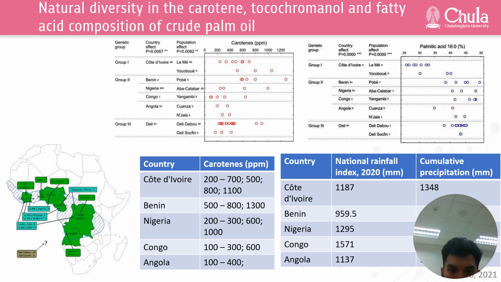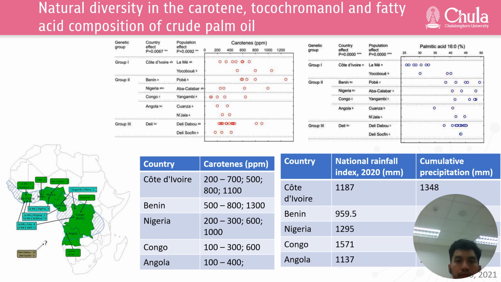The other studies are conducted using different origin samples and different breeding species, different genotypes of the fruits. It was conducted by Orsavova in 2021, and it investigated the natural diversity in the carotenes, the tocopherols, and fatty acid composition.